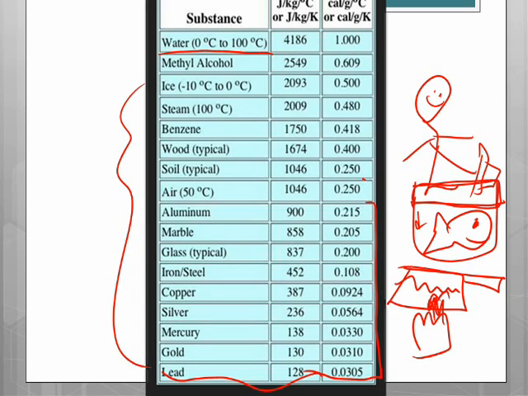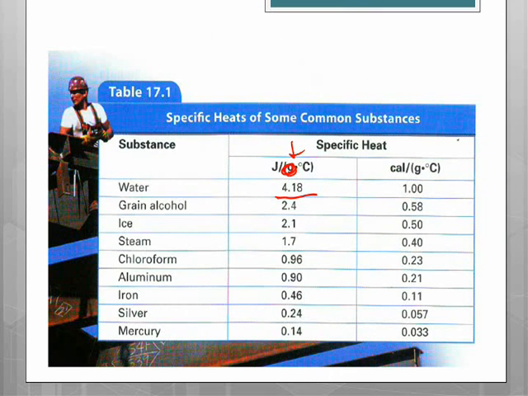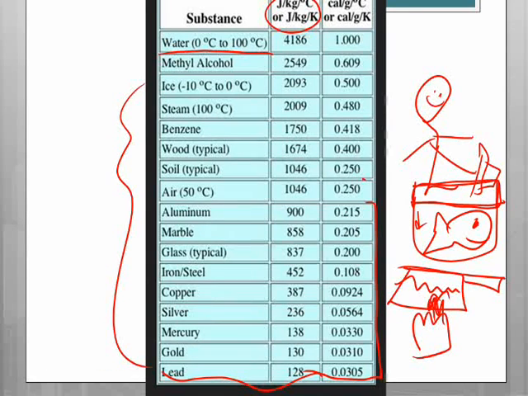We have joules per kilogram Celsius, or we have this one, which is joules per gram Celsius, and this is 4.18. So it really depends on the unit we're using. We're going to use kilograms, so let's use that specific heat with the kilogram in it. 4186.